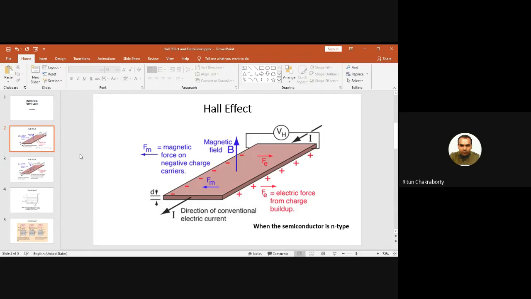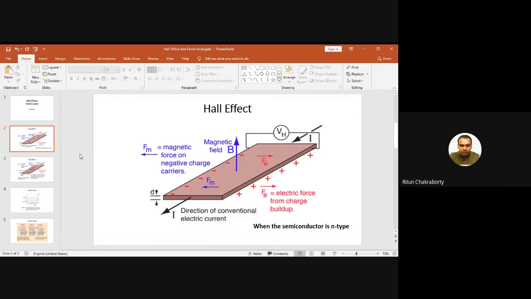Okay, then what happens? What he observed is that a potential proportional to the current and to the magnetic field is developed across the material. Okay, so a potential difference was found to be developed across the material, which was numerically found proportional to the current and the magnetic field.